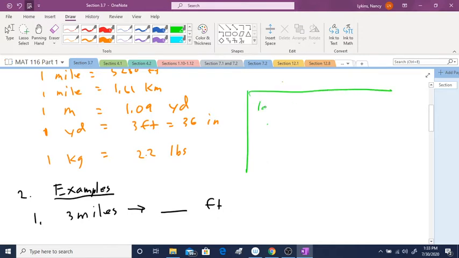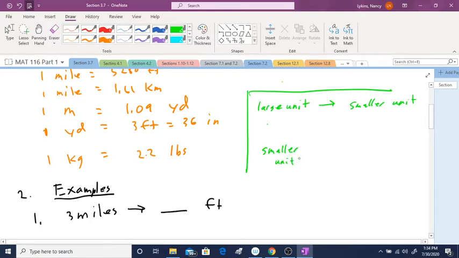If you have a large unit going to a smaller unit, and then if you have a smaller unit going to a larger unit.